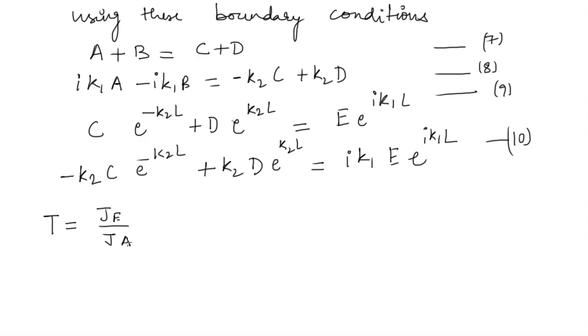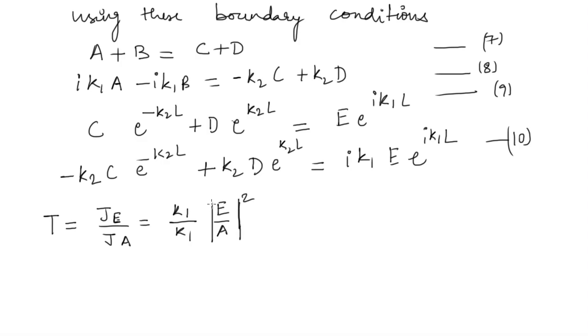In the first region, the current will be J_A minus J_B. In the second region, the current will be J_C minus J_D. In the third region, the current will be J_E; there is no reflection. In the third and first regions, the momenta are the same, so I will get |E/A| squared.